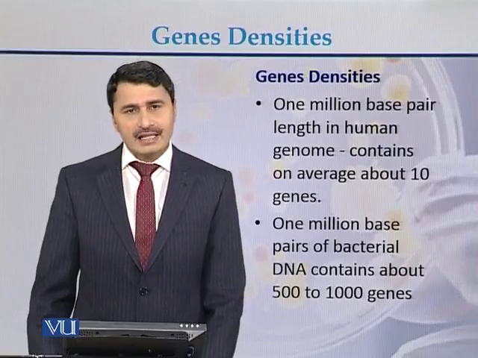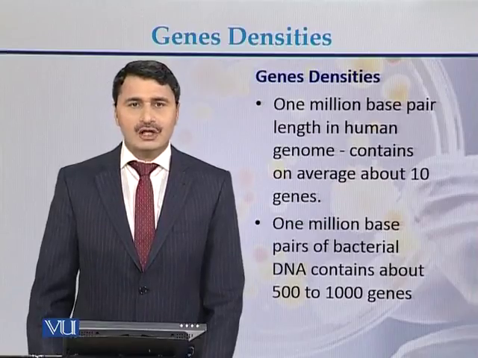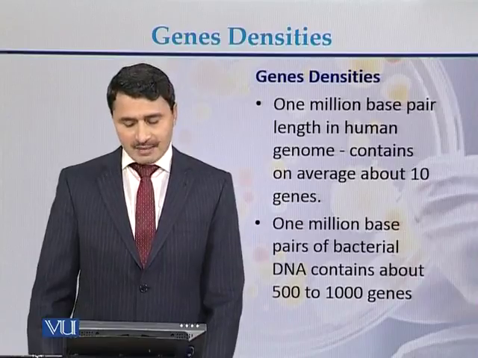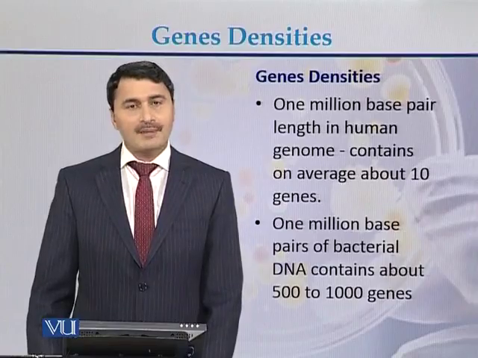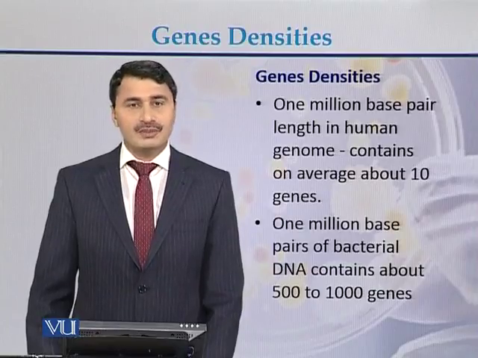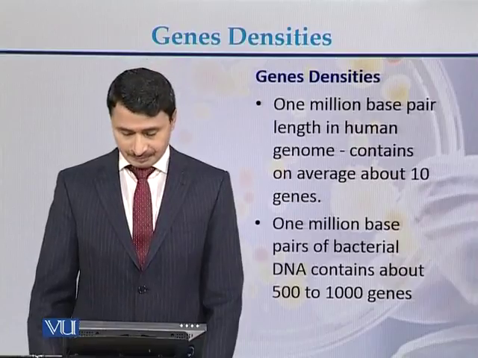So this is the comparison between a prokaryotic genome and a eukaryotic genome. In eukaryotic genomes, there can be 10 genes in 1 million base pairs, while in bacteria, in 1 million base pairs, there can be 500 up to 1,000 genes.